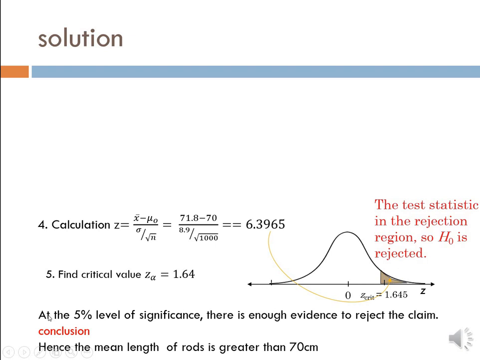We can conclude by saying that at a 5% level of significance, there is enough evidence to reject the null claim, meaning that the mean length of rods is greater than 70 centimeters. In other words, when we reject the null hypothesis, then we accept the alternate hypothesis.